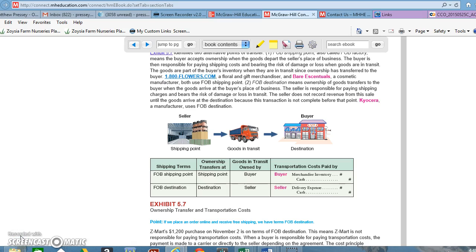In these situations, whoever owns the merchandise is also paying for the shipping. So FOB shipping point generally points towards the buyer paying for the shipping costs, and FOB destination points towards the seller paying for the shipping costs. And just one thing I do want to mention here is FOB stands for free on board, just in case you were wondering.